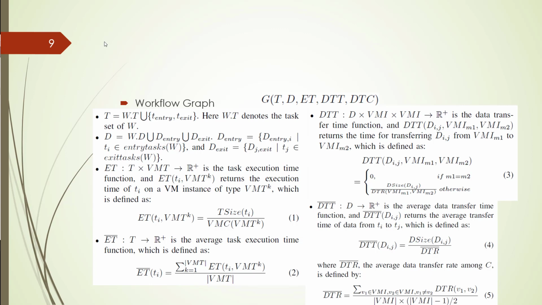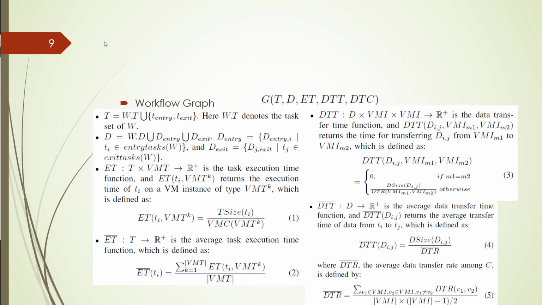A workflow graph is a tuple of T, D, ET, DTT, DTC, where T is equal to W_T union the entry and exit tasks, where W_T denotes the task set of W, and we add a task entry and task exit to the task sets.